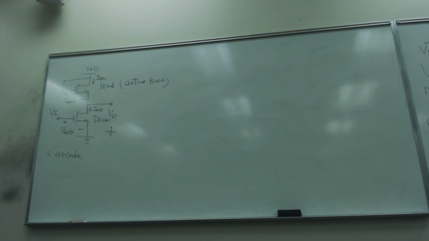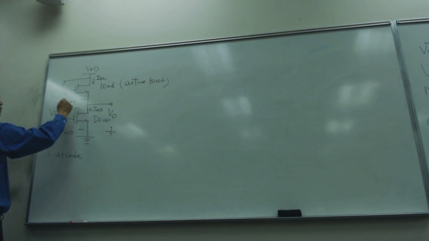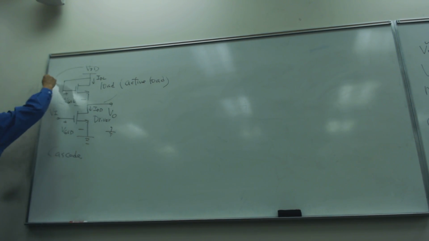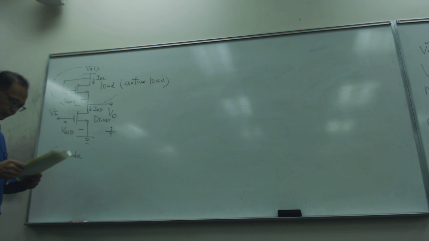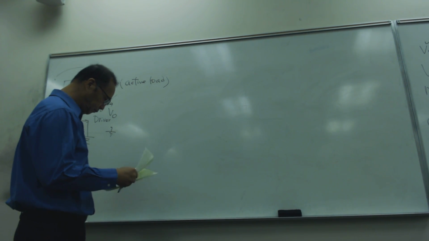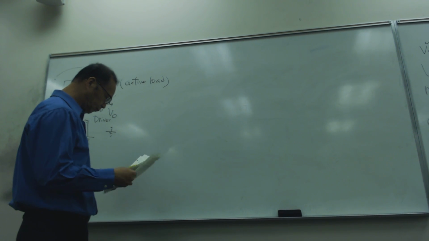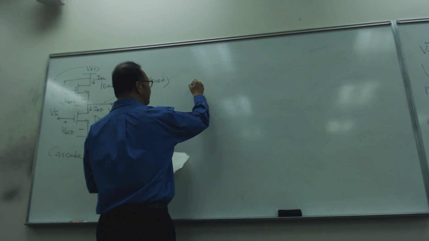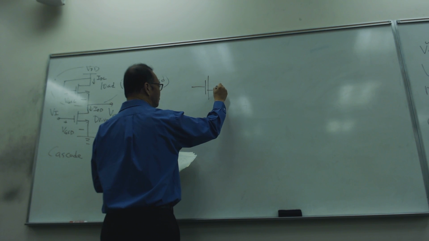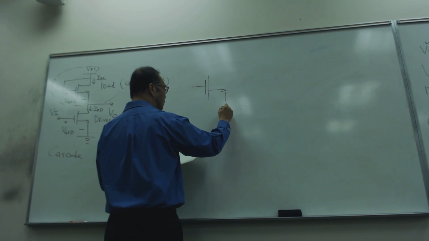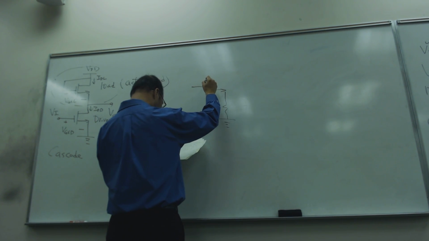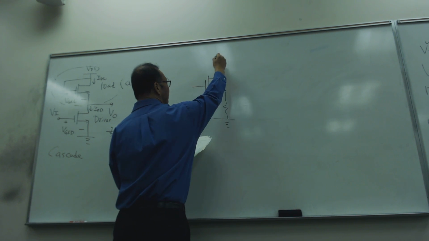But I think before I do this, maybe it's better I should first focus on this circuit. So let me do this circuit first, which is a part of the circuit.